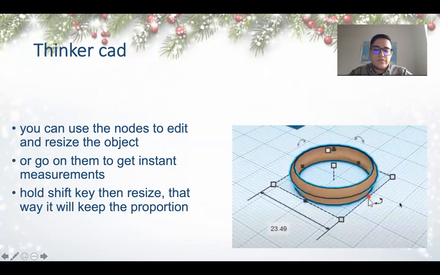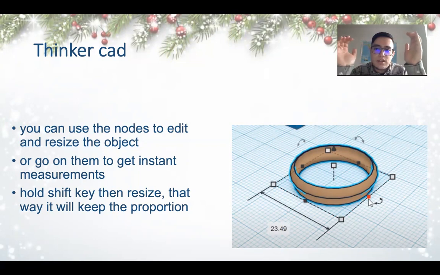If you hold the Shift key and use these nodes to resize your object, it will keep the same proportion. For example, if it looks like this, it will stay like this and just double. But if you don't hold the Shift key, it's not going to be equal to the original size.